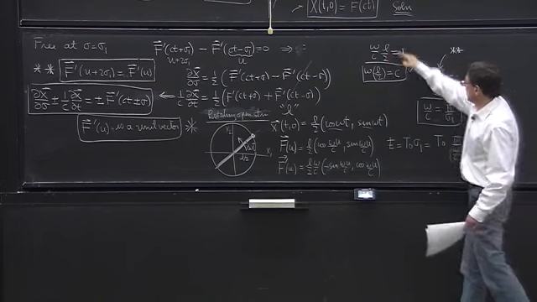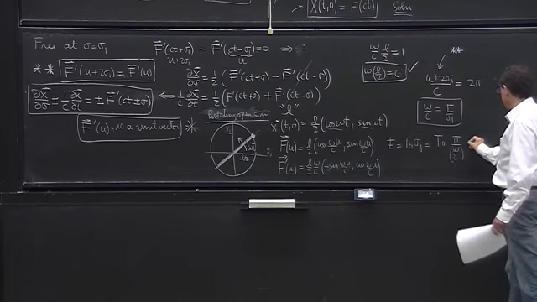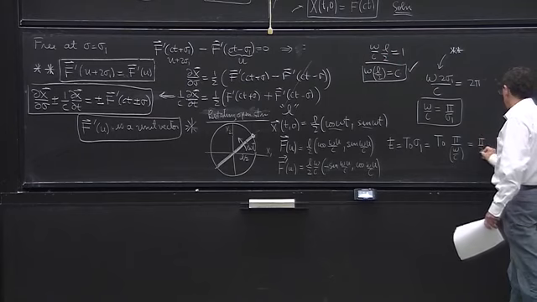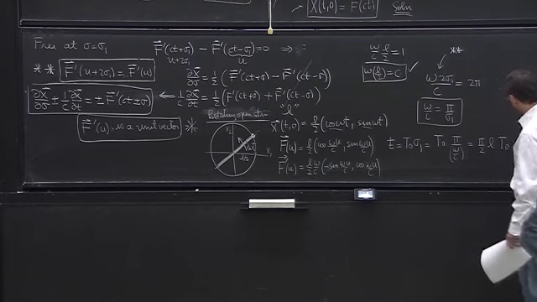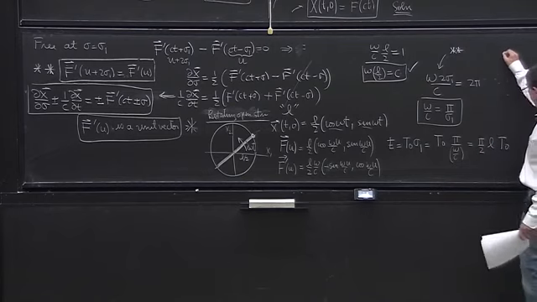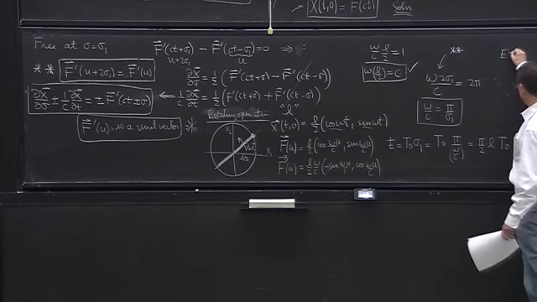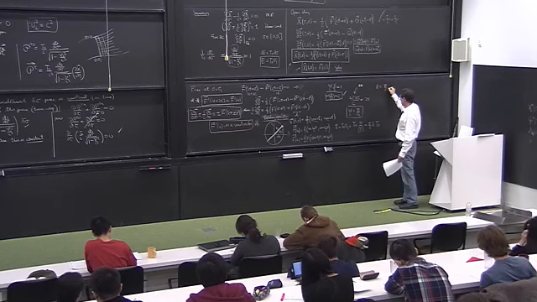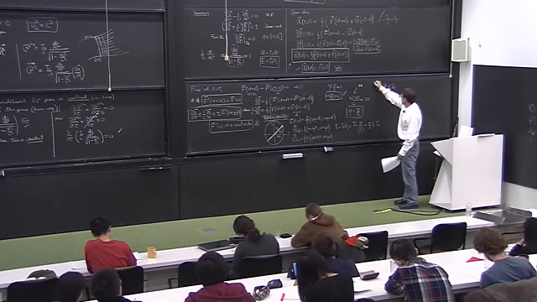And omega over c is 2 over L, so you get L over 2 here. So you get pi over 2 L T naught. That's the total energy. It's a very important formula. E equals pi over 2 L T naught.